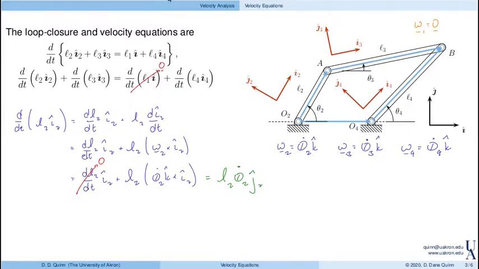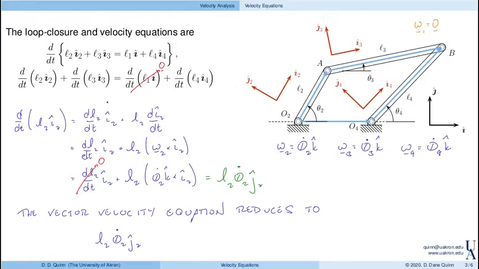And as a result, the vector velocity equation reduces to this first term, which we already said was L2 theta 2 dot in the J2 direction. This next term we would work out and find that it's L3 theta 3 dot in the J3 direction, equals, this was 0, plus L4 theta 4 dot in the J4 direction.